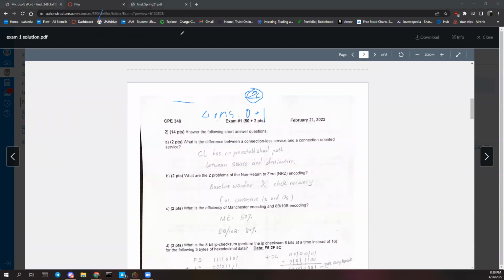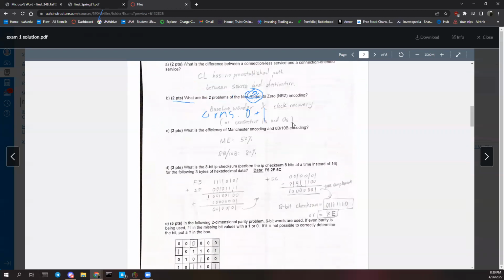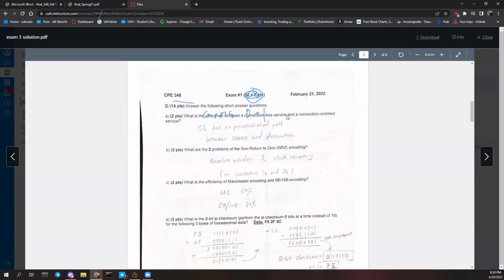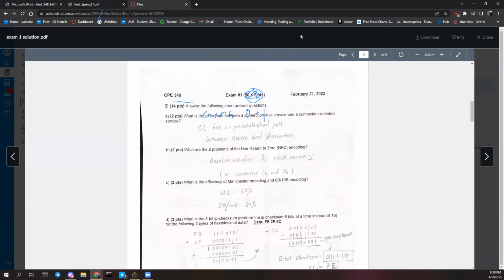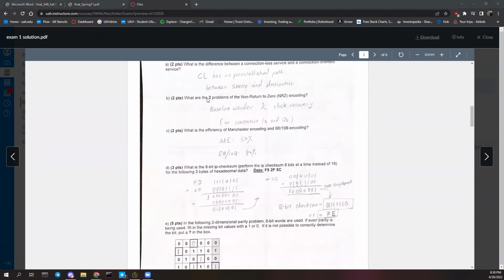So this is the exam that we've taken this semester. And you can see, what are the two problems of the non-return to zero NRZ encoding? We straight up had it, like the exact same question.